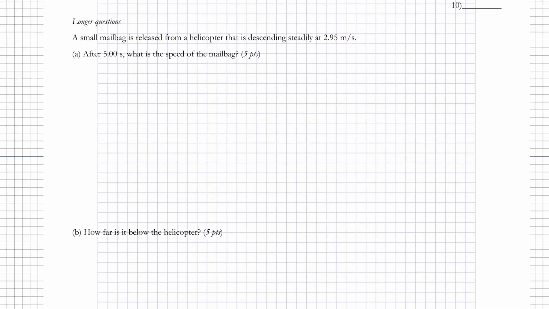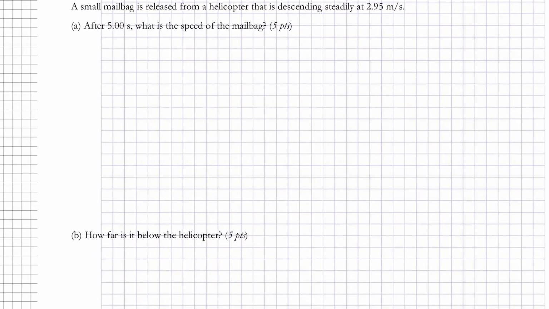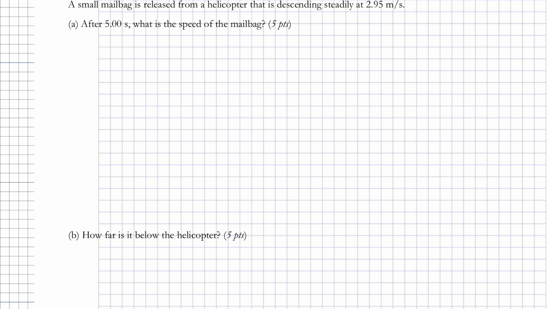You'll find the key. A small mailbag is released from a helicopter that is descending steadily at 2.95 meters per second. I'm going to draw the helicopter as a dot, just because that makes my life easier, and I'm going to draw the mailbag also as a dot. The mailbag is in the helicopter. So the mailbag has an initial velocity of negative 2.95 meters per second.